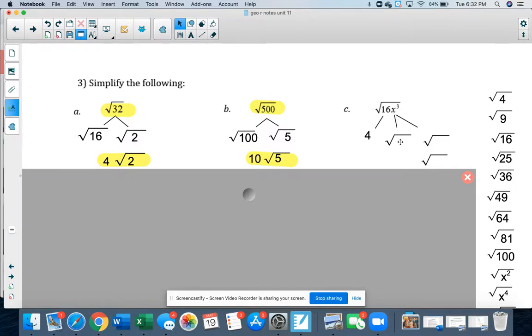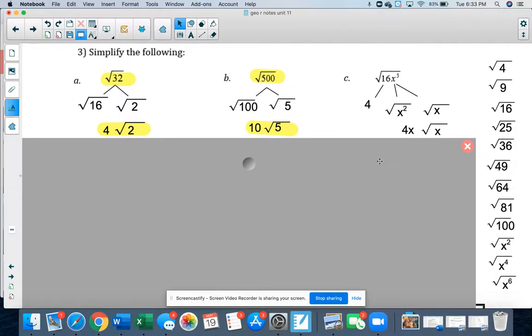So what I do is I break this down into the biggest even exponent that I can have, and that's x squared, plus the odd one that's left over. So x squared times x is x to the third. Now this x squared is a perfect square. It equals x. So the 4 that I already simplified, and now this x get written outside of the radical, and this radical x stays radical x.